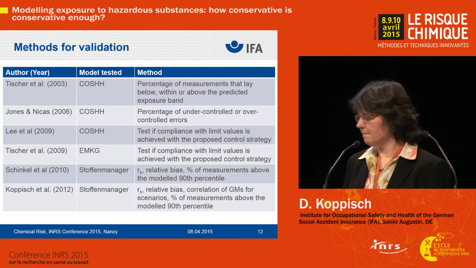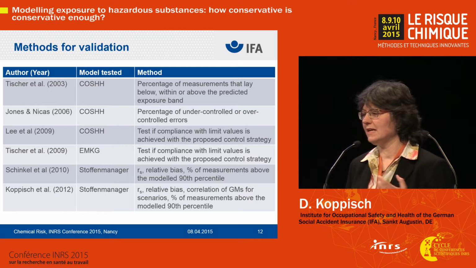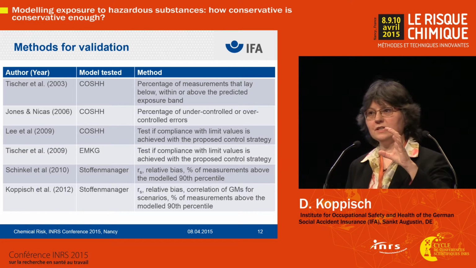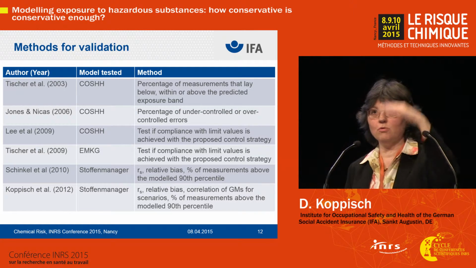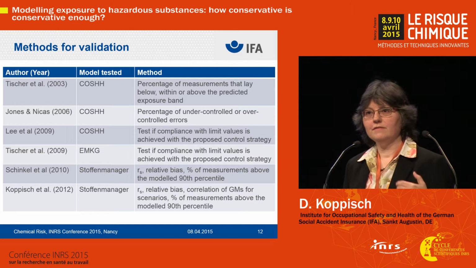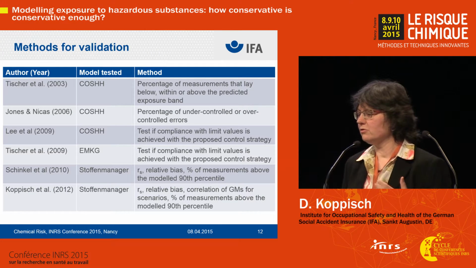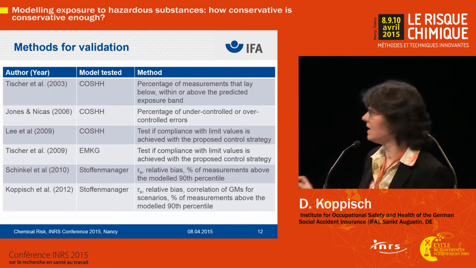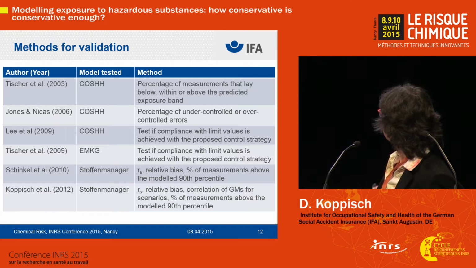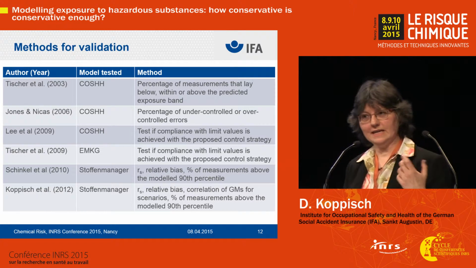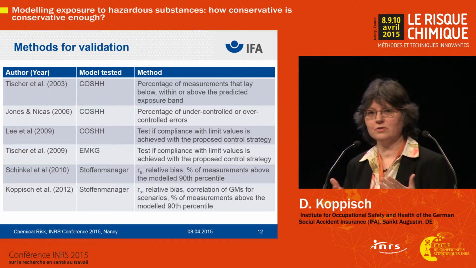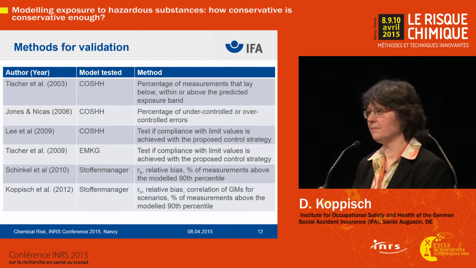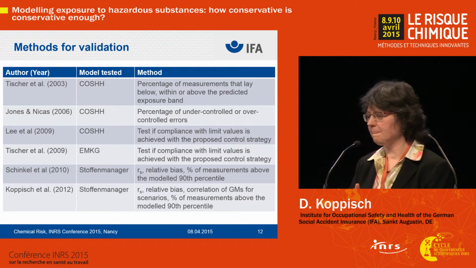So they look at how high the percentage of measurements is that lie within this predicted exposure band, or below or above, or they compare it with a limit value, as in the last two cases. And they look if the test of compliance gives the same result whether I do this test on the measurement data or on the estimated data, the model data.